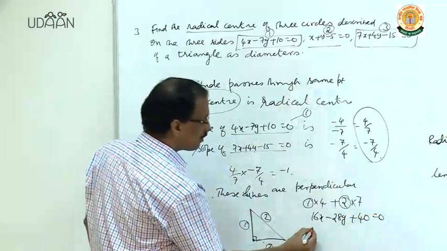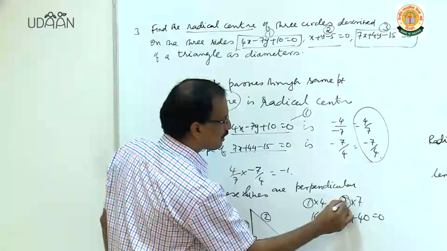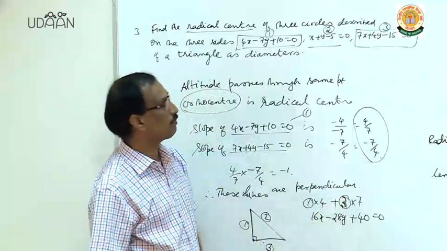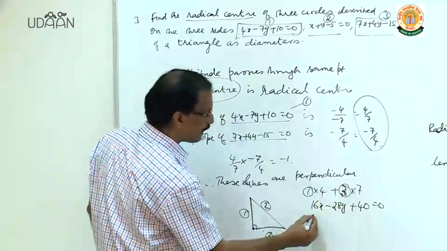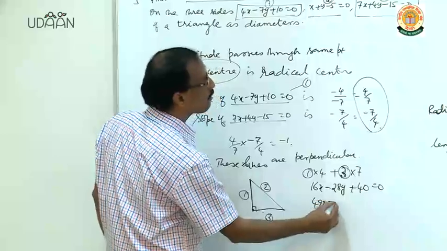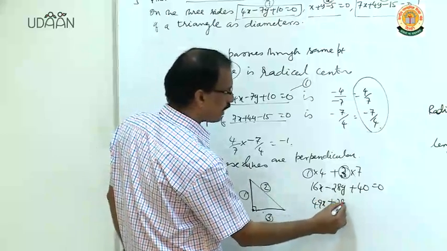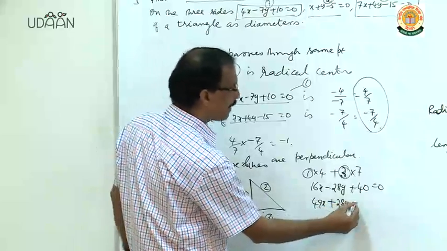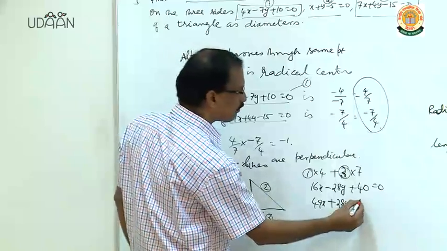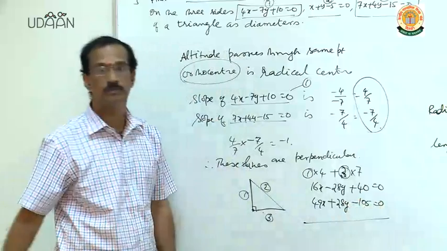Next, you are multiplying the third equation, not the second, the third equation by 4. So, you get 7 into 7, 49x plus 28y minus 7 into 15, 105 equals 0.